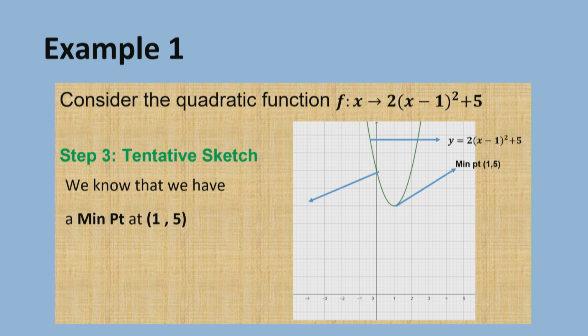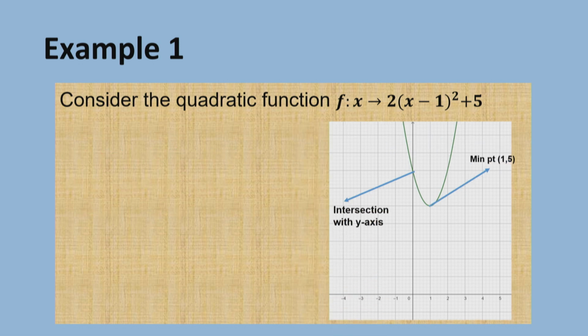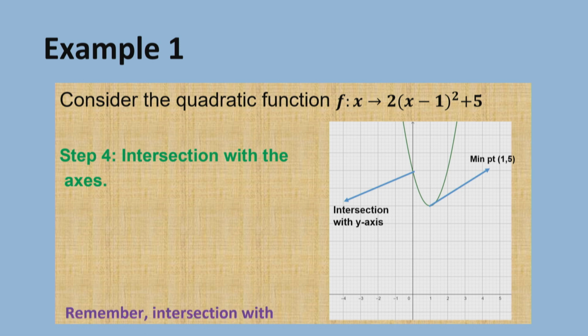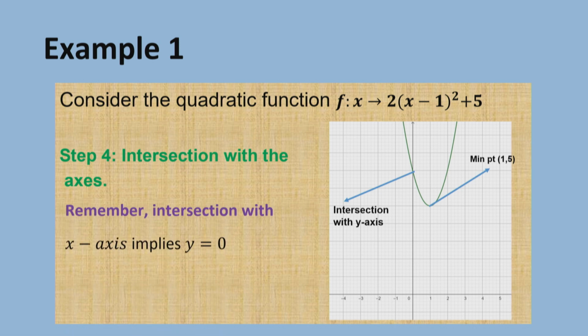You know that here is the y-axis. Now, what is this coordinate? How do we calculate that? Well, this is the intersection with the y-axis. Now, if we have intersection with the axes, if it is with the x-axis, it will imply that y equal to 0.